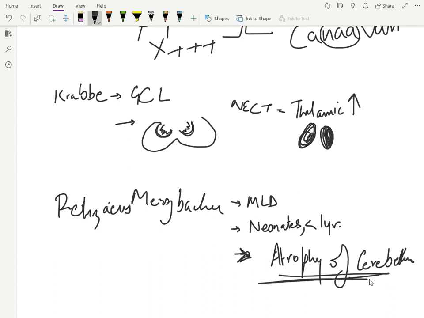This atrophy of the cerebellum is not always present, and so there is a very big overlap in MLD and Pelizaeus-Merzbacher. They always are two differential diagnoses which go hand in hand. But it's very important to differentiate between them. This disorder can also show tigeroid appearance, although not as severe as MLD. So the differentiating point would be to look for atrophy of the cerebellum and the brainstem.